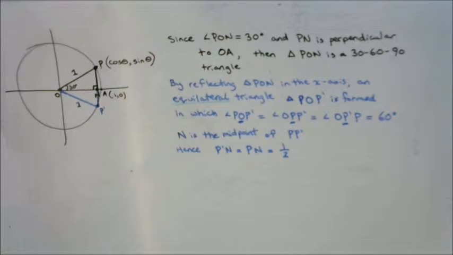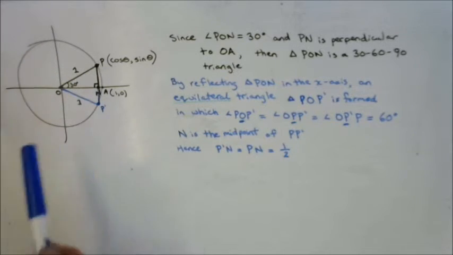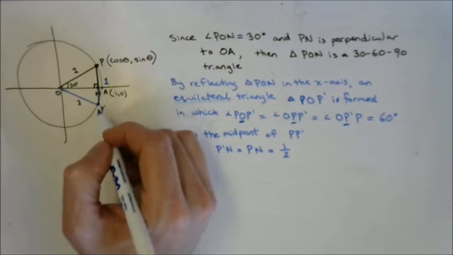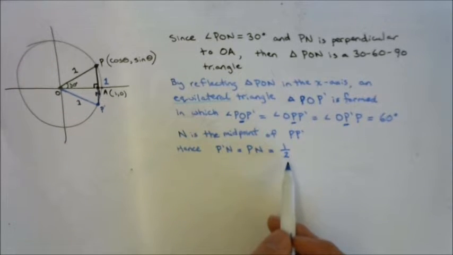So by the angles, we figured out that it was an equilateral triangle. Equilateral actually means equal length, right? So if these hypotenuse guys were both 1, and it forms an equilateral triangle, then from P to P prime is also 1. Which means from N to P or N to P prime is 1/2.